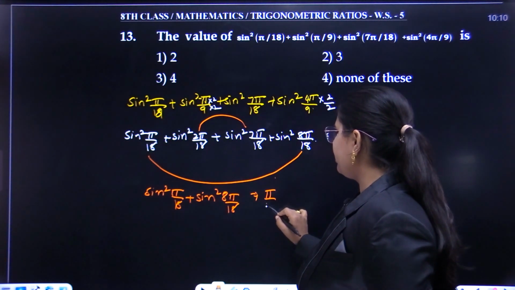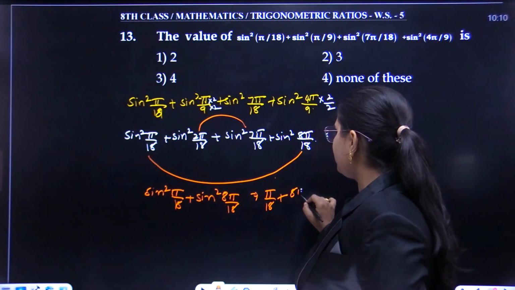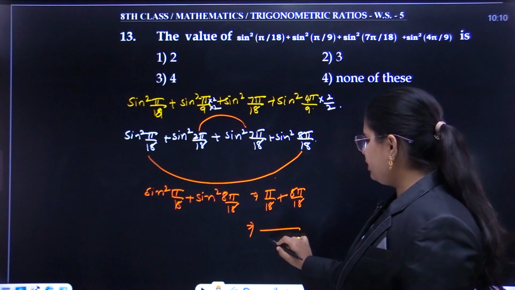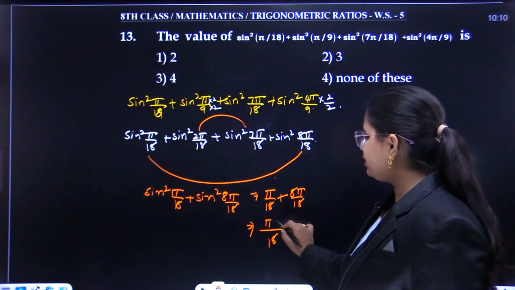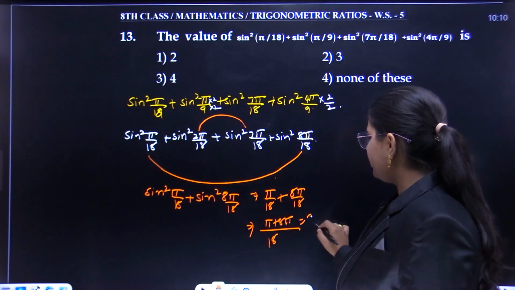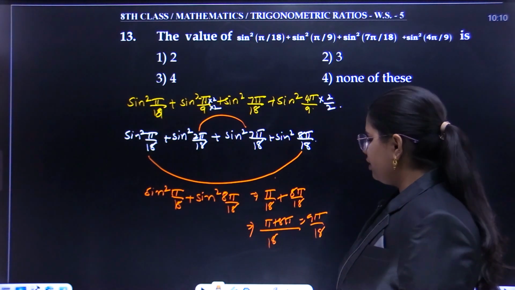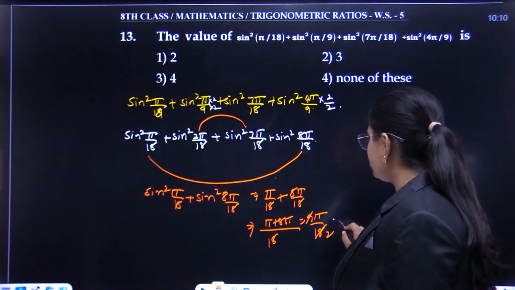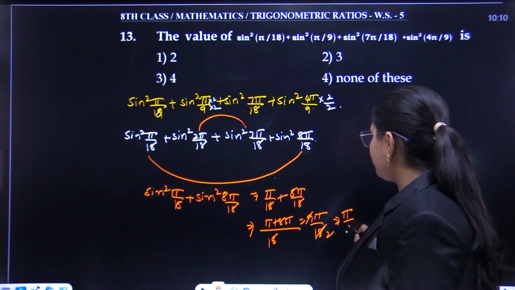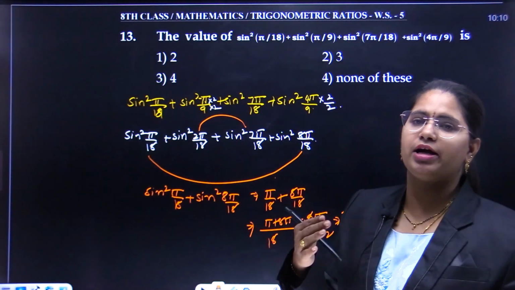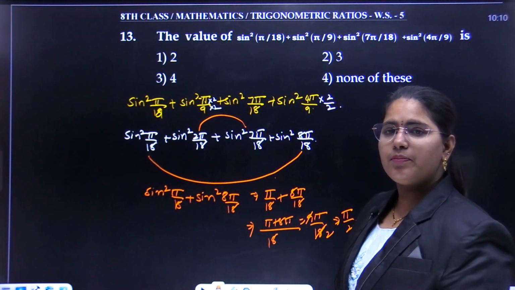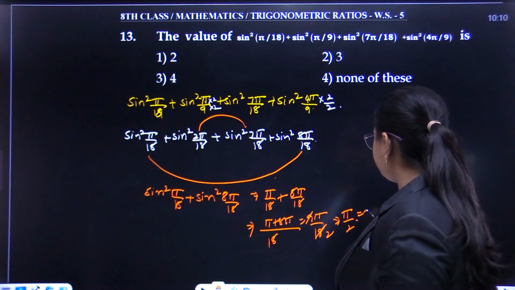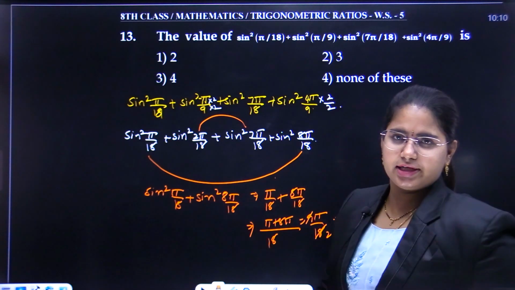Pi by 18 plus 8 pi by 18, 18 is the LCM, pi plus 8 pi, which is 9 pi by 18. 9 ones are 9, 9 twos are 18, which can be further simplified and written in the form of pi divided by 2. Pi divided by 2 means it is equal to 90 degrees, correct? It is equal to 90 degrees.